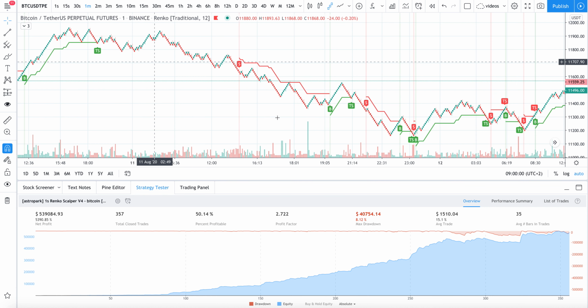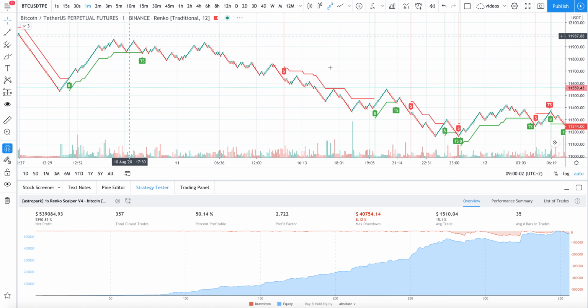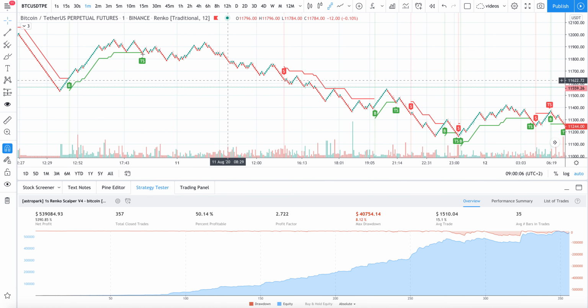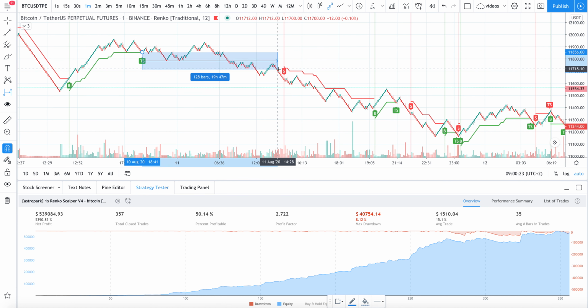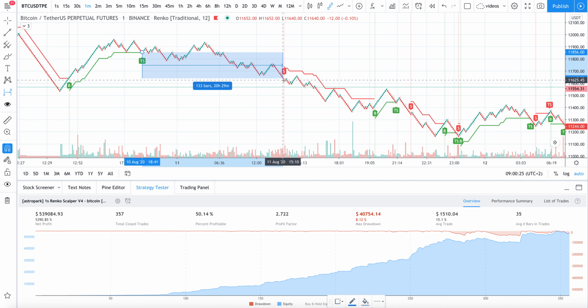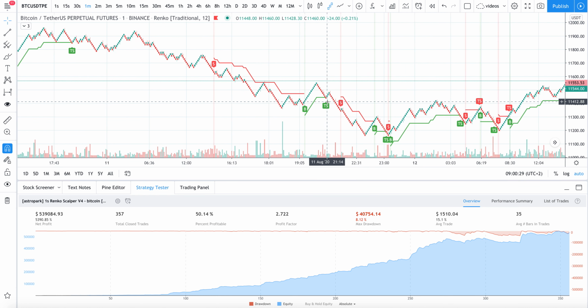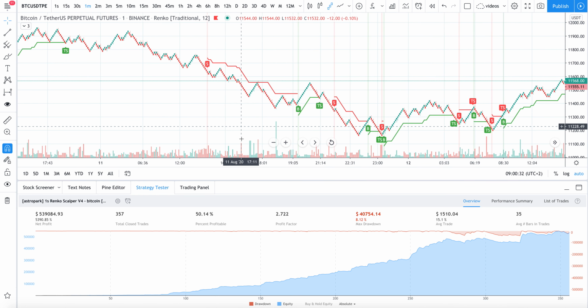Okay, and as you can see, you sometimes have some waiting, some time frame in which there is no specific trend for the indicator, so you don't have any signal. Okay, so no need to rush. For example, here we waited almost 1 day before a sell was printed. Okay, that's fine.